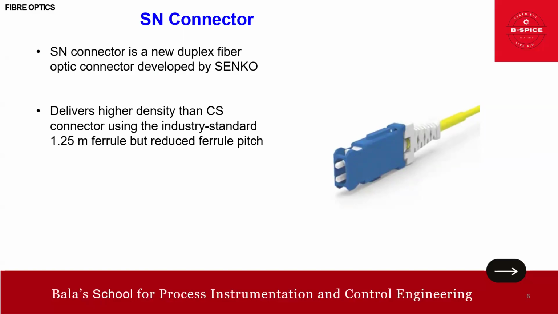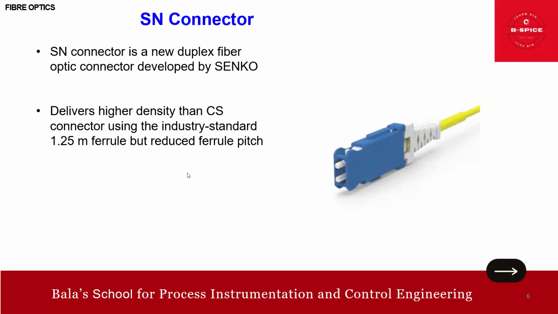But one point to note here is that the pitch of the ferrule is reduced. As a result, it offers 4x the duplex fiber connectors compared with the same LC. It is ideal for next generation hyperscale data centers and edge enterprise. So this is about the SN type.